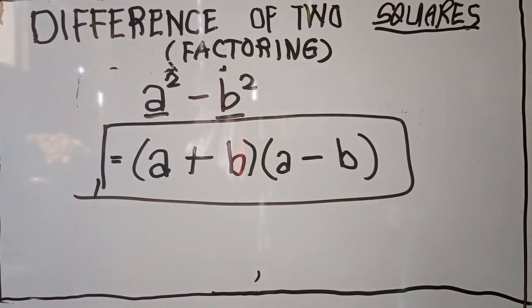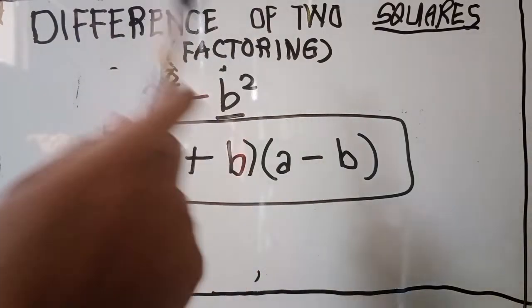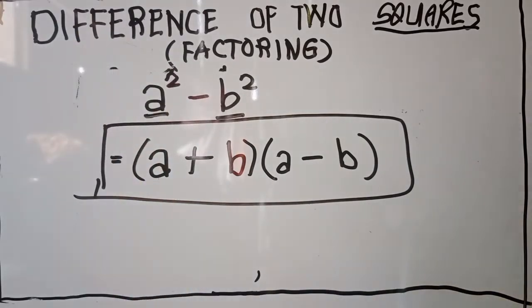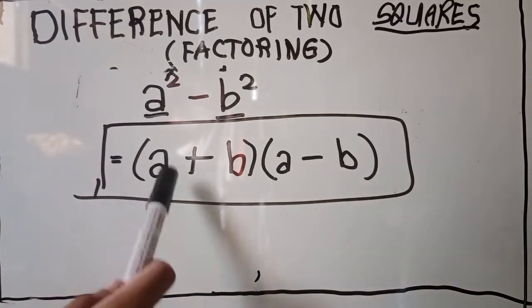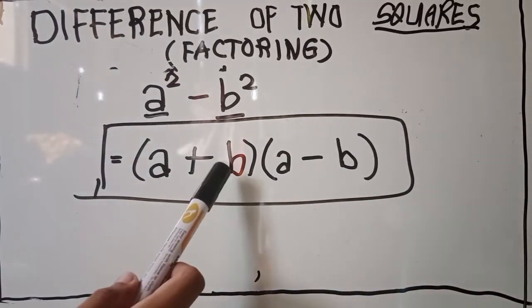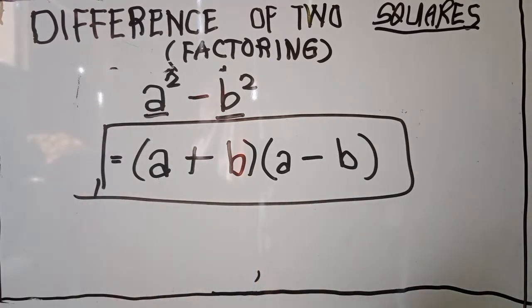That's in general. So whatever is the exponent na na-erase sa each term, then you would use this concept that the factored form of difference of two squares is in a format of the product of the conjugates of the square roots of each term.